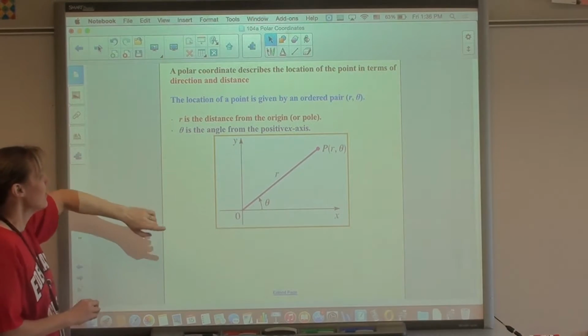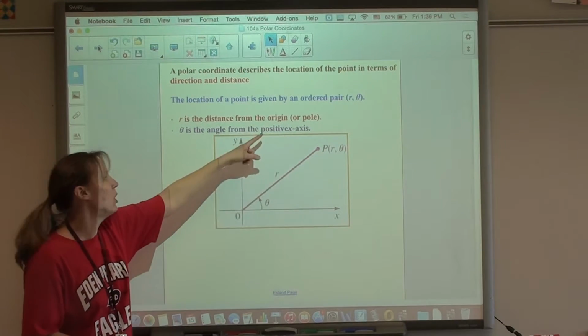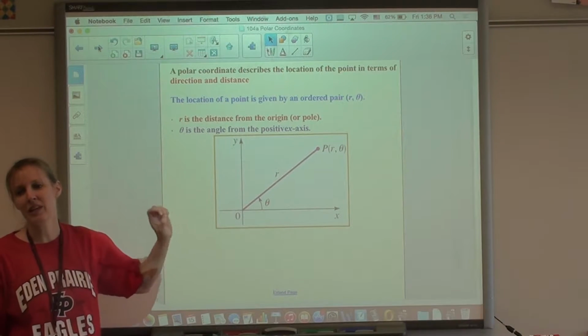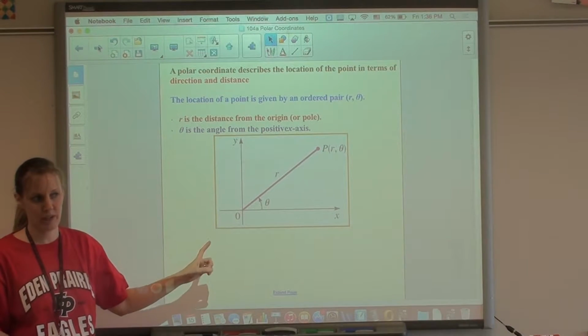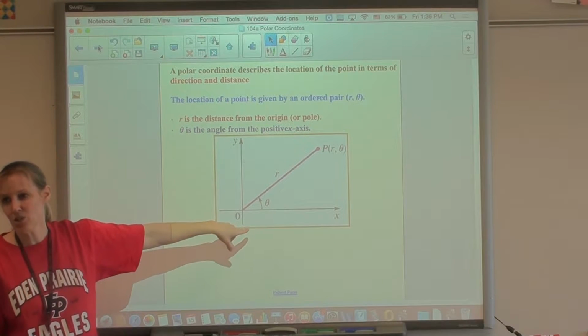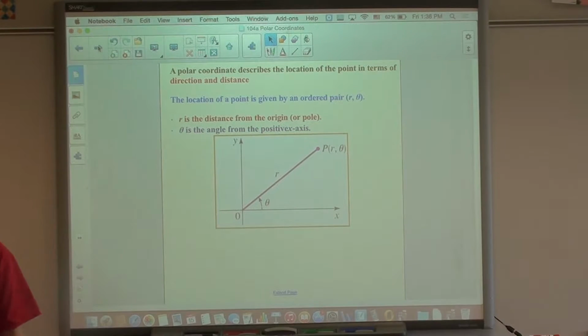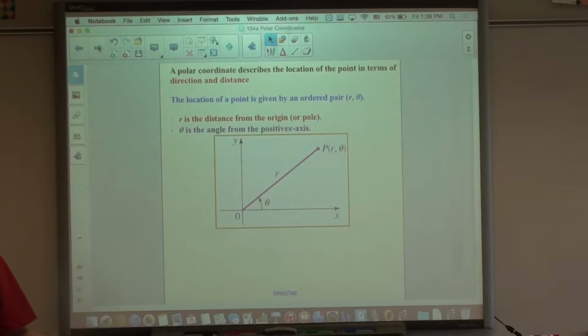Okay. So r is the distance from the origin or pole. When you are graphing in polar coordinates, the origin is not called the origin, it's called the pole. So just be aware that if the book says something like, find the distance from this point to the pole, that means the origin.